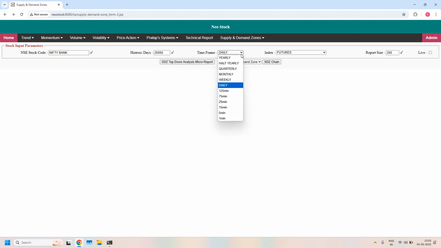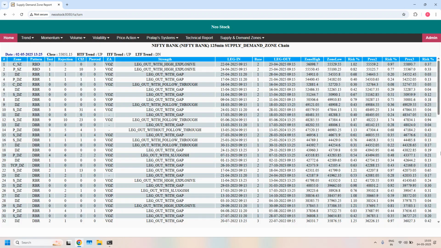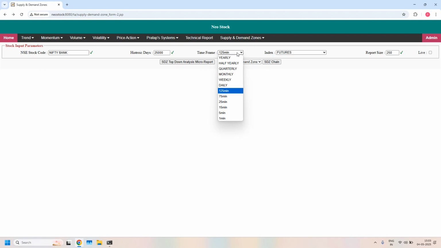Next, generating 125-minute supply demand zone chain for Bank Nifty. Next, generating 75-minute supply demand zone chain for Bank Nifty.